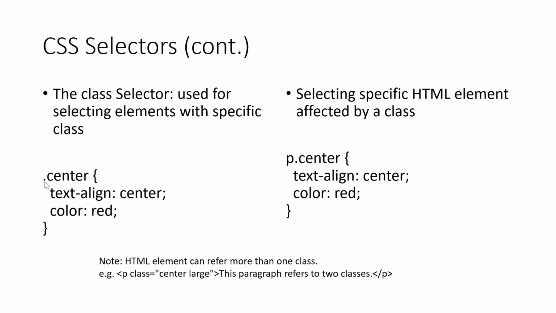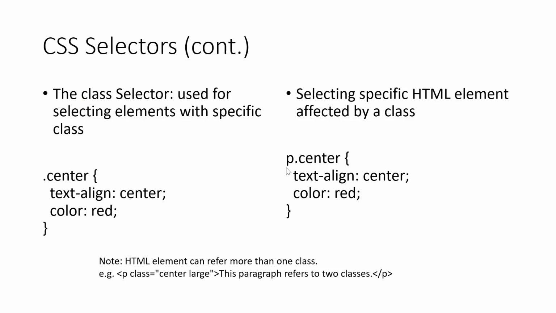Then you can have class selectors. Classes are defined with a dot in front. So for example, for the center class, we can define that the text alignment is always center and the color is white. And then we can also combine this class together with the element.